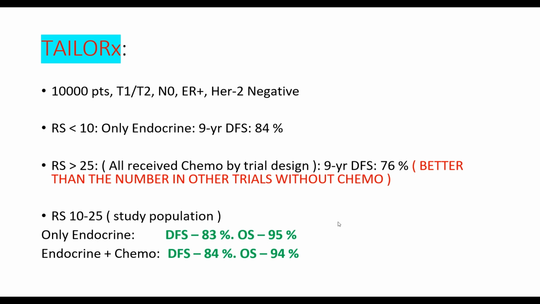Now if the recurrence score was between 10 and 25, that was the study population in this TAILORx. In this study population, patients were divided into two: people who received only endocrine therapy and people who received endocrine therapy along with chemotherapy.